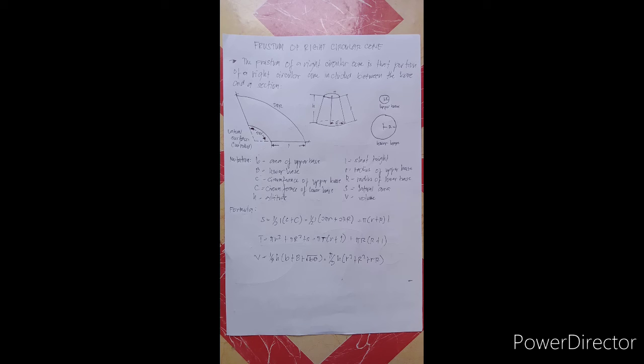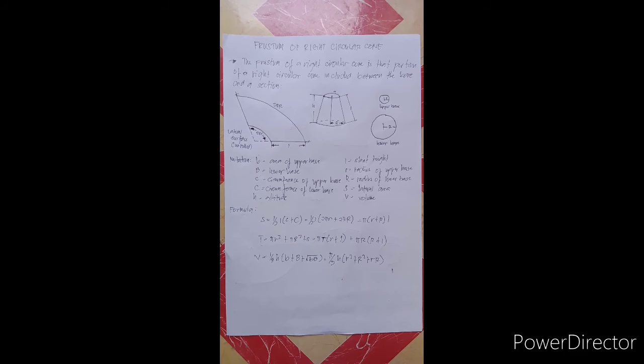This is V equals 1/3 times h, the altitude, times small b plus capital B plus square root of b times capital B, or equals pi over 3 times altitude times r squared plus R squared plus r times R. So this is the frustum formula.